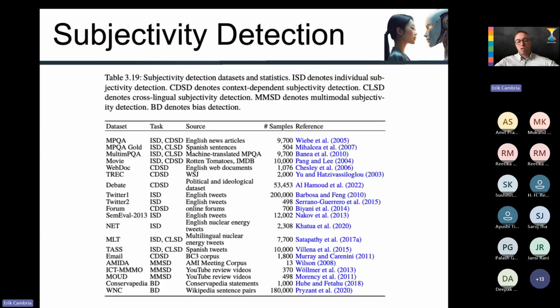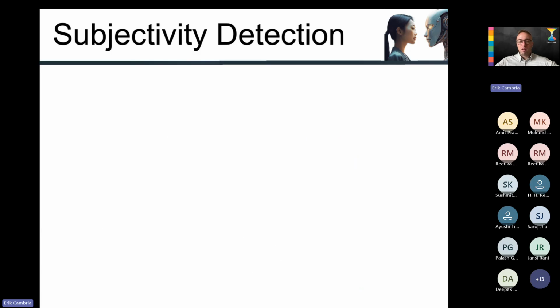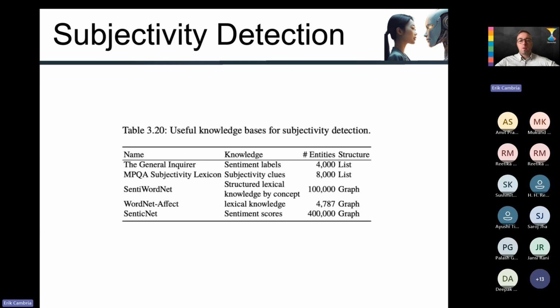So as you can imagine, this is a very specific task to polarity detection. And here, once again, you have some examples of data sets, not just textual, but also video and ASR data sets, and then also some knowledge bases that you can use for subjectivity detection.